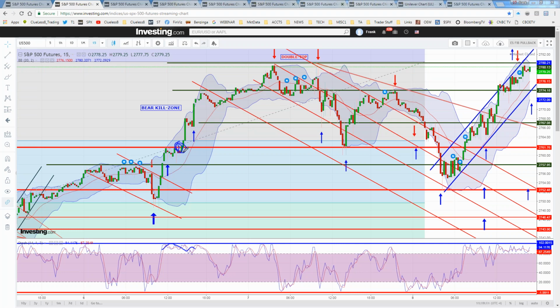So even if they blow up sky high, it doesn't matter to me because the long side is working so well. I'm going to use them as hedges just in case we get this type of pullback and then another surge. I'll be basically taking out my profits at that point. In this particular case, it didn't work because there was another big surge.